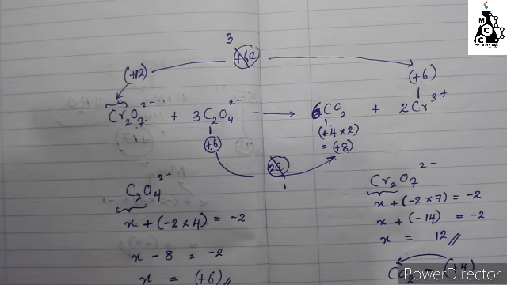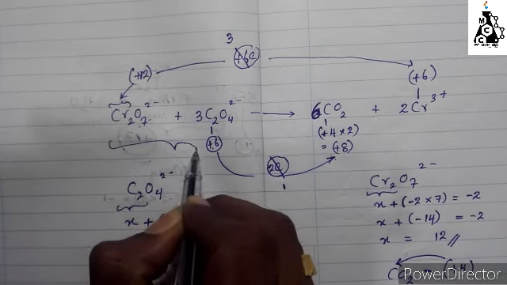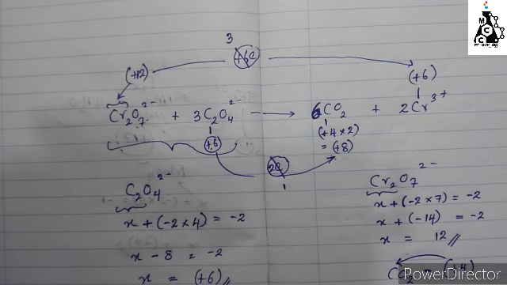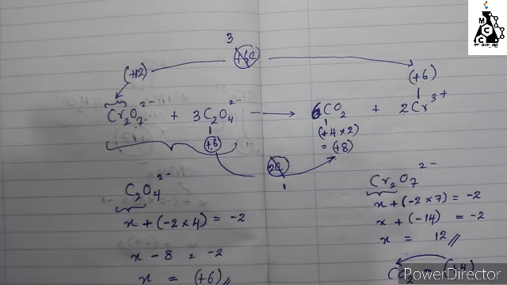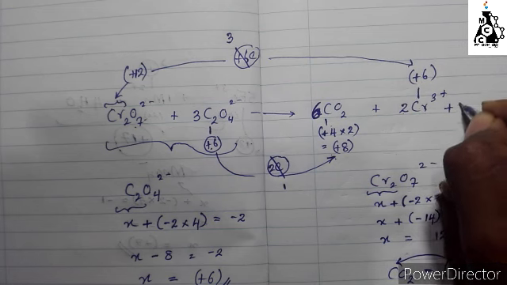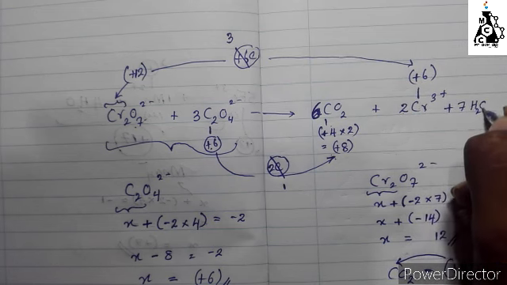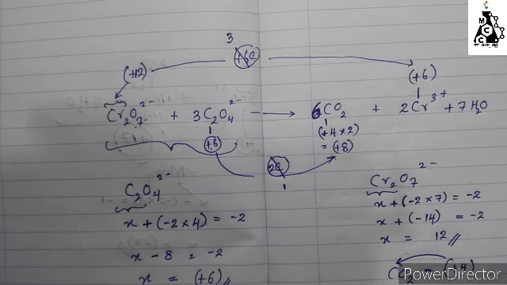You have to balance oxygen atoms. They have 19 oxygen atoms on your left hand side, 12 oxygen atoms on your right hand side. You have to add 7 H2O molecules to balance oxygen atoms.